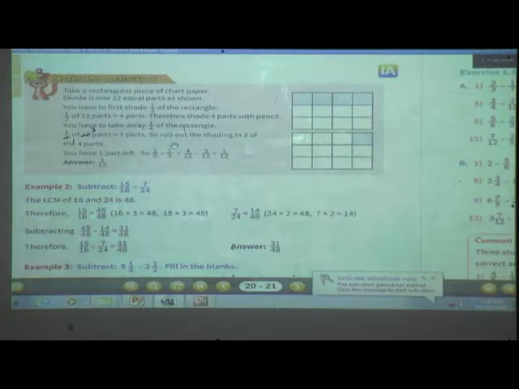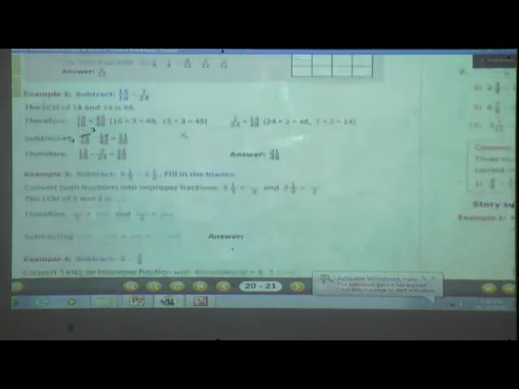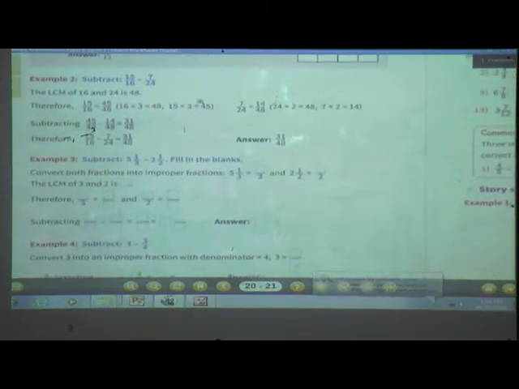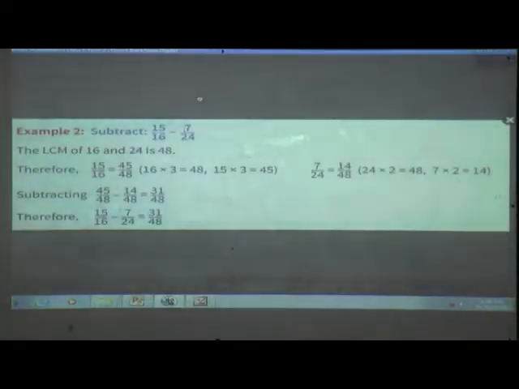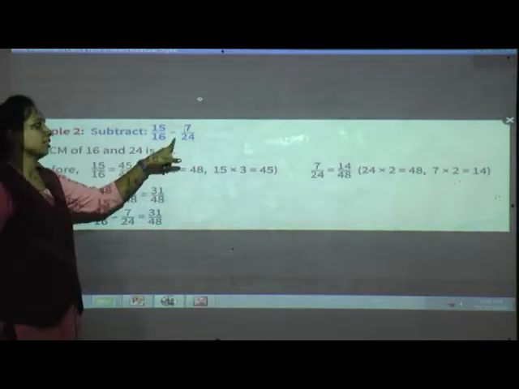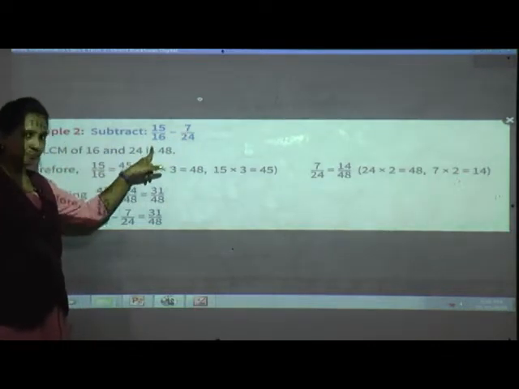Okay? Clear? Yes. Now we will see the second example. Now see, subtract 2 by 24 from 15 by 16.